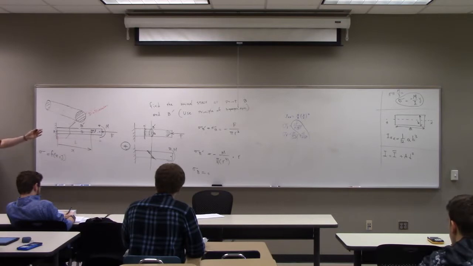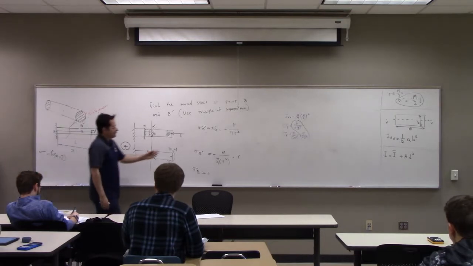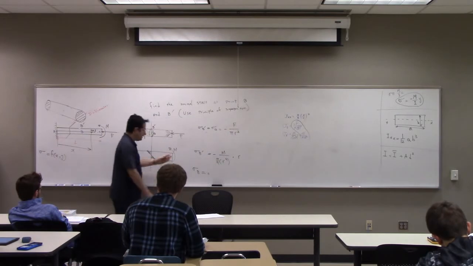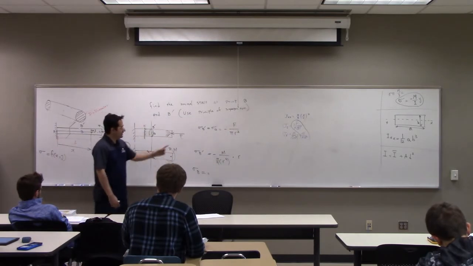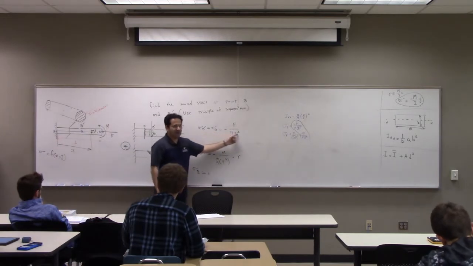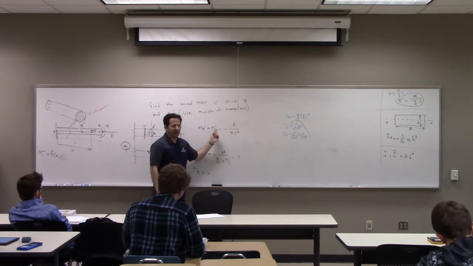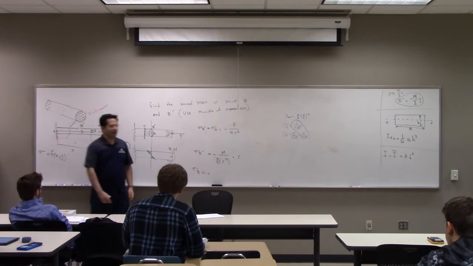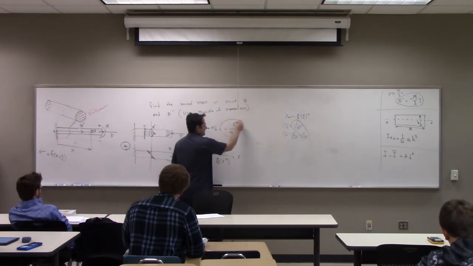Exactly the way you did, using the superposition principle. So you first consider F only, and then you consider bending moment only, right? If I consider only F, everywhere it doesn't depend on x. Anywhere you're going to get this one.